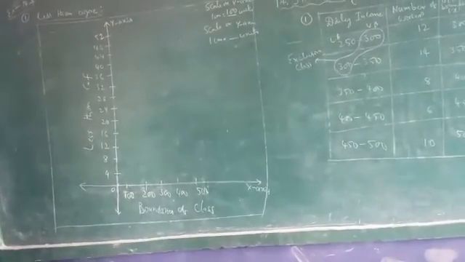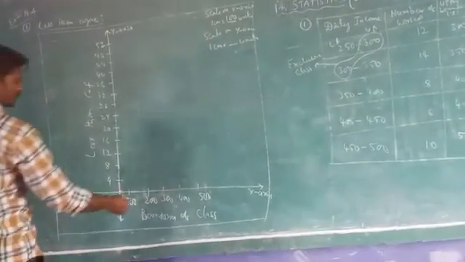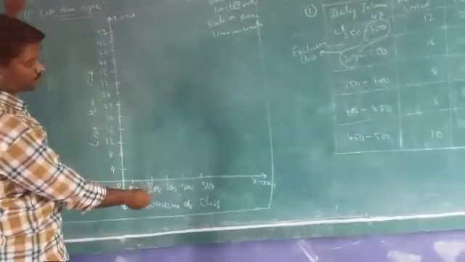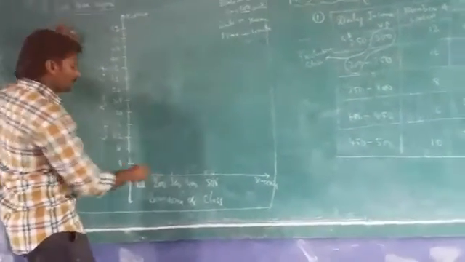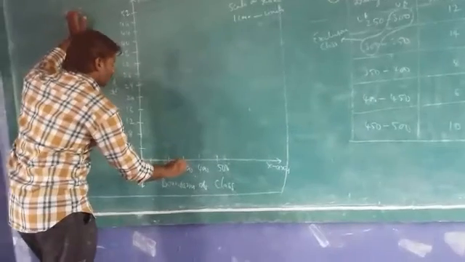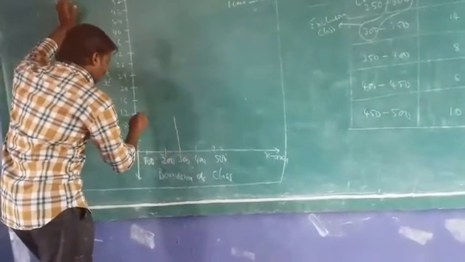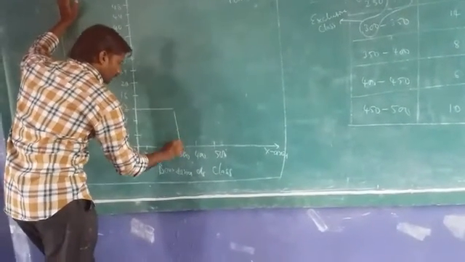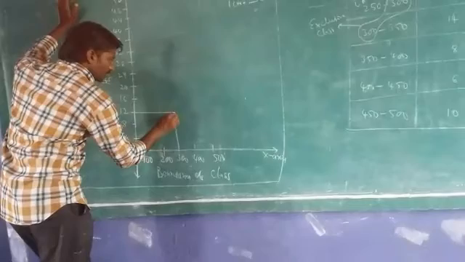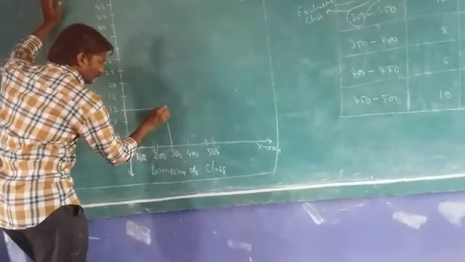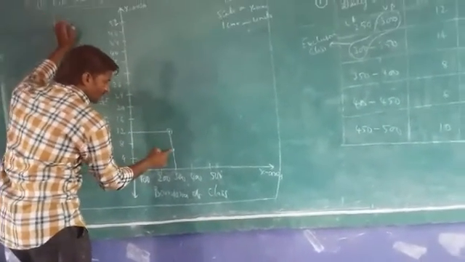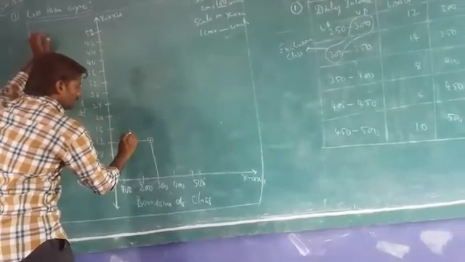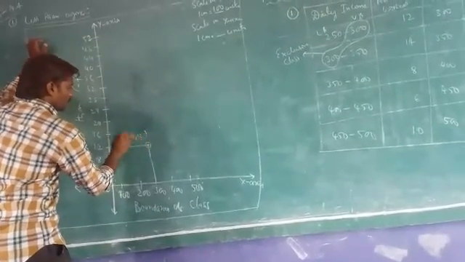First point is 300, 12. So start from 300. You can start here. I am drawing a line here for better understanding. Wherever you get the point, put a dot. This line is not needed. Only I want this point here. This is 300, 12.